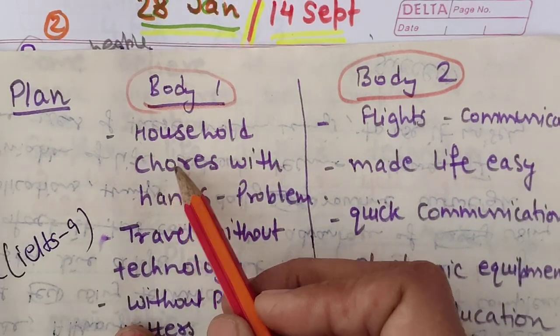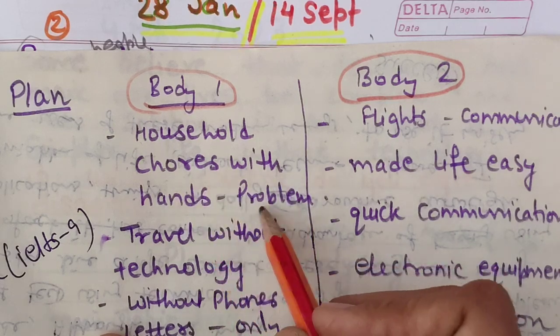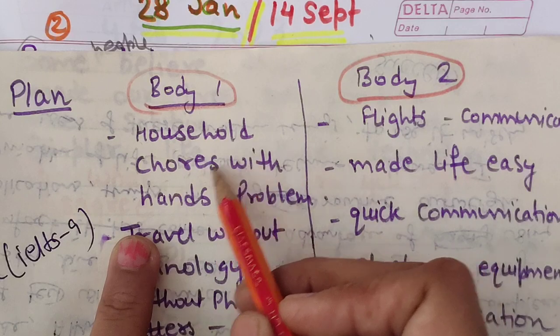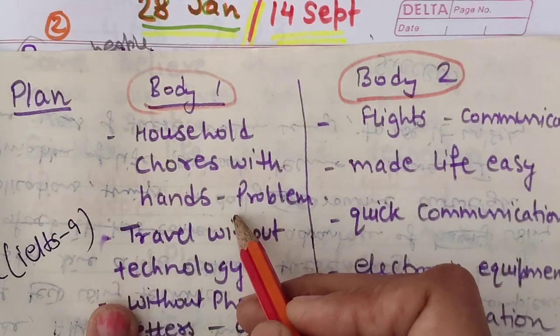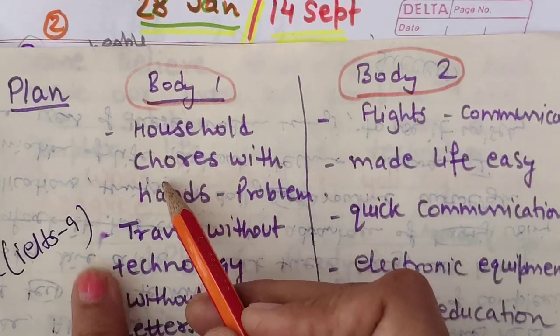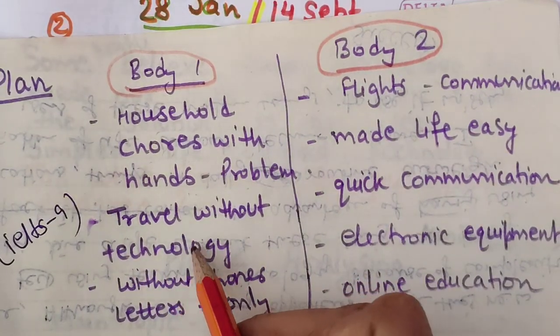I am talking about household chores done by hand. If ladies have to do these household chores by hand, there will be a problem for their health. Earlier ladies were doing it, but we are talking about nowadays. Then travel without technology, without bus, car and all.